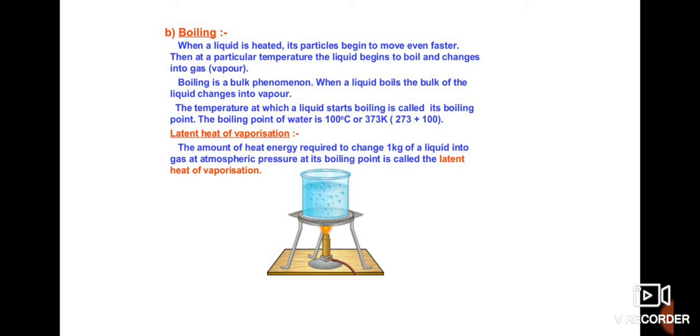The temperature at which boiling takes place is known as the boiling point, and the boiling point of water is considered to be 100 degrees Celsius. Just like melting has latent heat of fusion, boiling will have latent heat of vaporization. It is the amount of heat energy required to change 1 kg of a liquid into gas at atmospheric pressure at its boiling point.